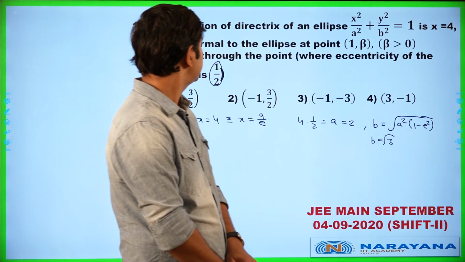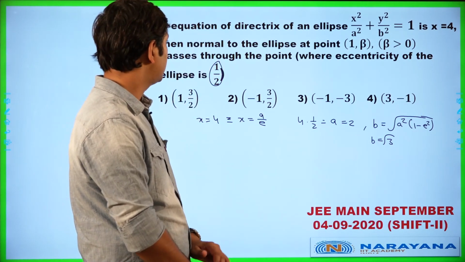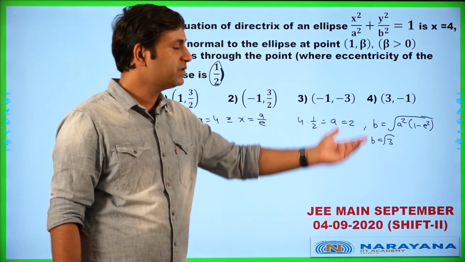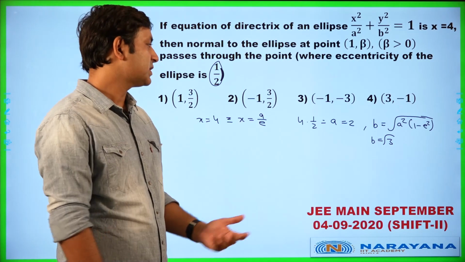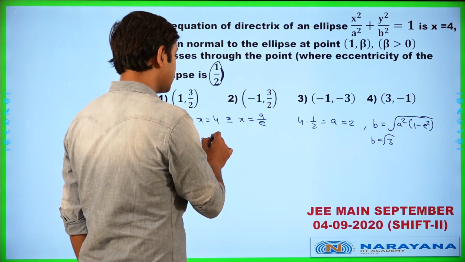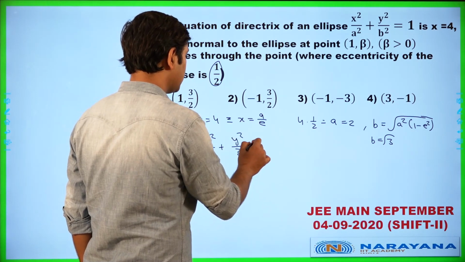Now it's been asked here the equation of normal. The normal to the ellipse at the point 1 comma beta also passes through which of these 4 points. So first let us write the normal at 1 comma beta. We know the equation of the ellipse is x square by 4 plus y square by 3 is equal to 1.